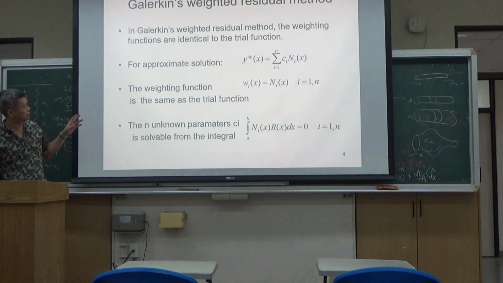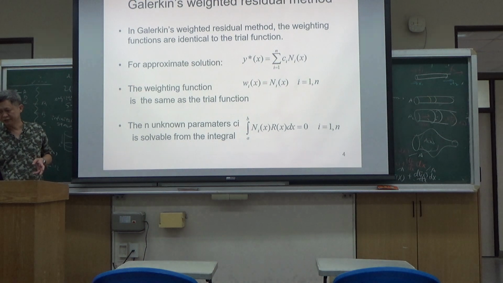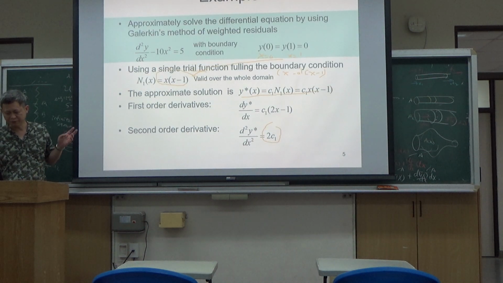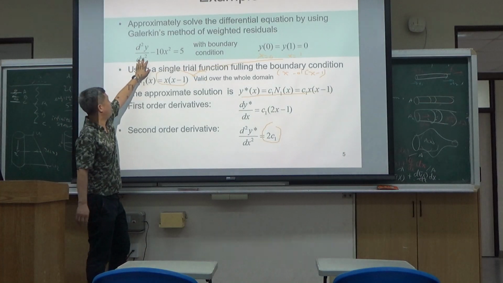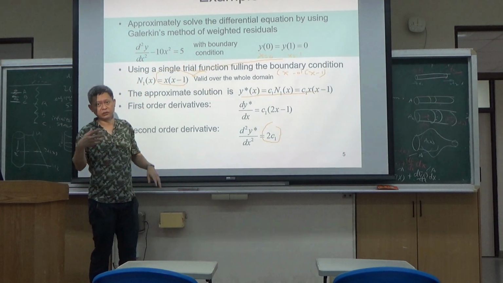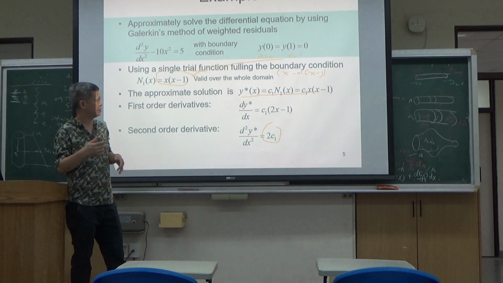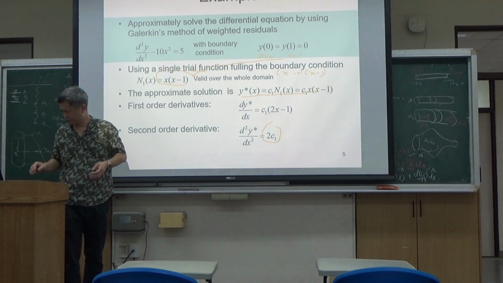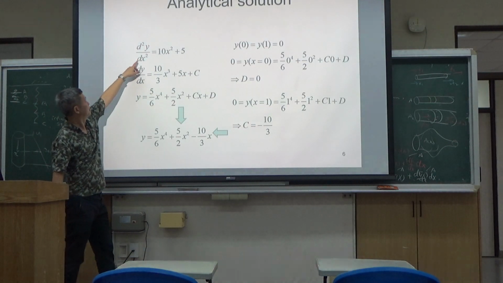Okay, so I will go through with you how this kind of interpolation function can be useful. Take for example: the second order derivative of y minus 10x squared is 5. If you learned your calculus, you can do your integration without a problem. Okay, let's see the analytical solution.